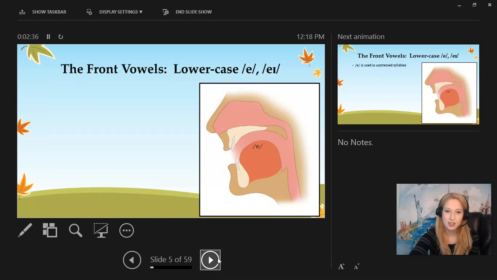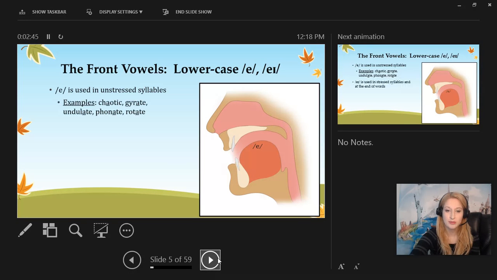Okay, next we have the lowercase e and the diphthong. The lowercase e is used in unstressed syllables, where the diphthong is used in stressed syllables. Okay, so here are some examples of the lowercase e: chaotic, gyrate, undulate, phonate, rotate, the A sound.